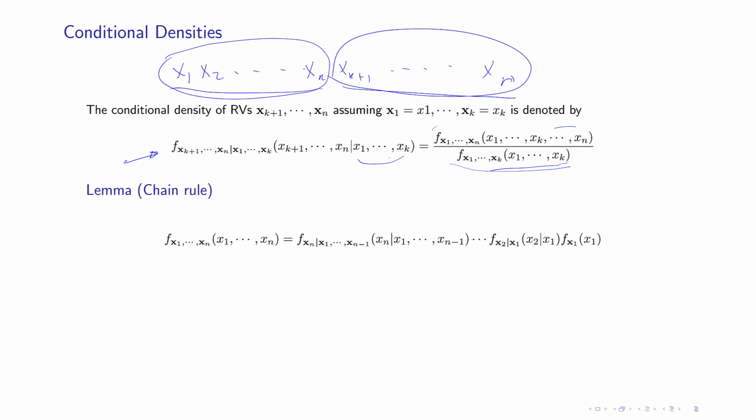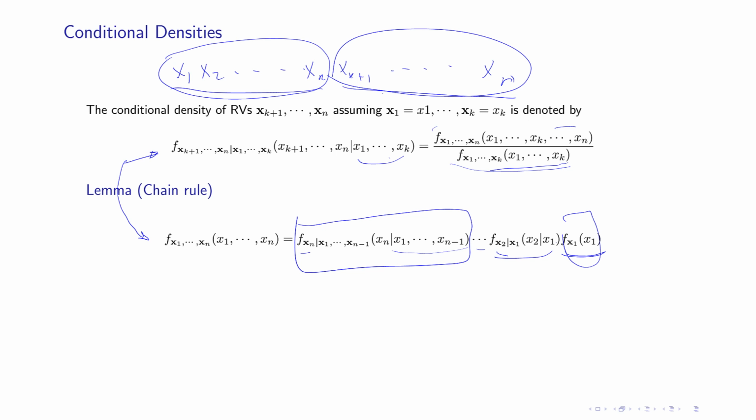Obviously, from this general definition, you can prove this lemma, which is called the chain rule, because in some applications, first you have the distribution of the first one, then the second one given the first one, then the third one given the first two, and then the last one given the previous ones. This chain rule is good because, let's say, at time n you want to process this one.